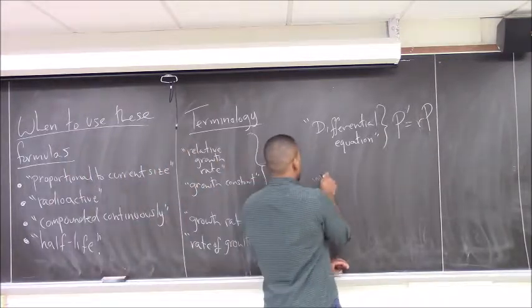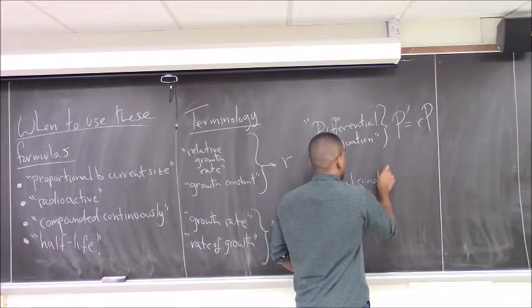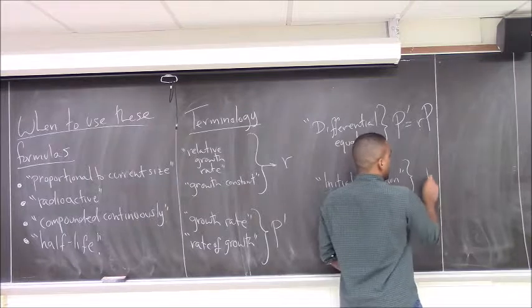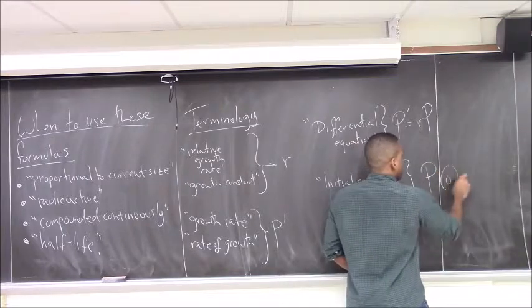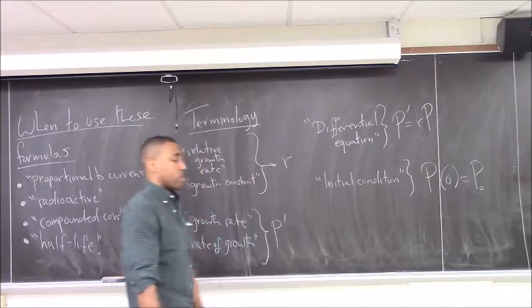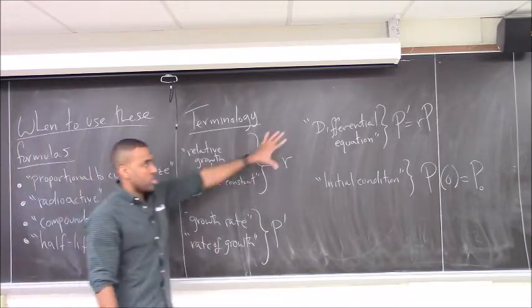You might see something like initial condition. That refers to the equation that says at time equals 0 you have this amount. So this is some constant you can find, but it refers to that equation. This would hint when you want to use these sets of equations, and these words are referring to particular things.